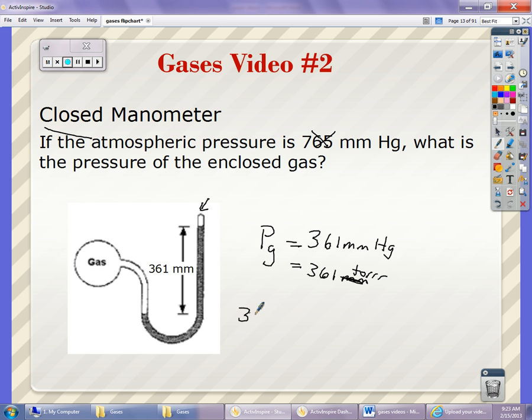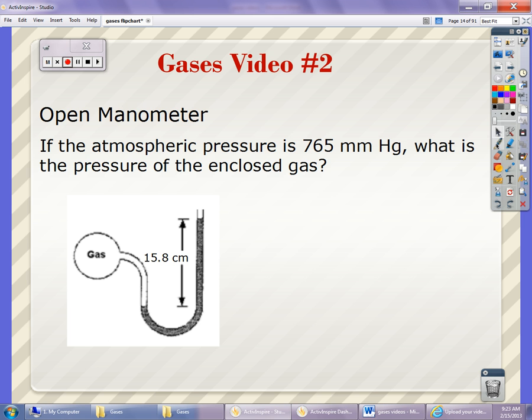Or if you wanted to, 361 torr times, remember we said earlier, 760 torr equals 1 ATM. And then you could do 760 torr on the bottom and 1 ATM on the top, and find your value in ATMs by doing the factor label method.